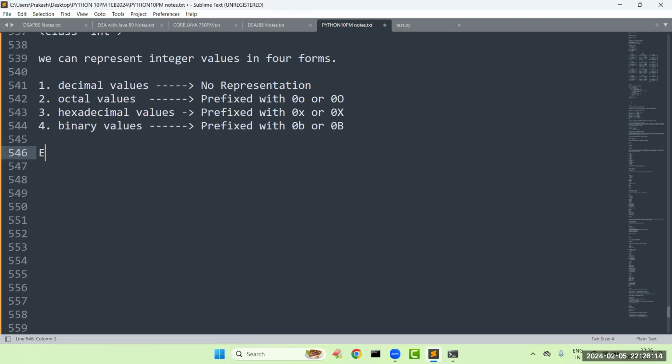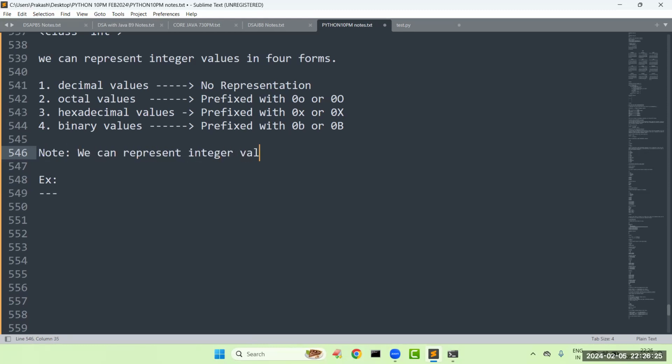We can use any form, but there is one small note. We can represent integer values in decimal, octal, hexadecimal, or binary.